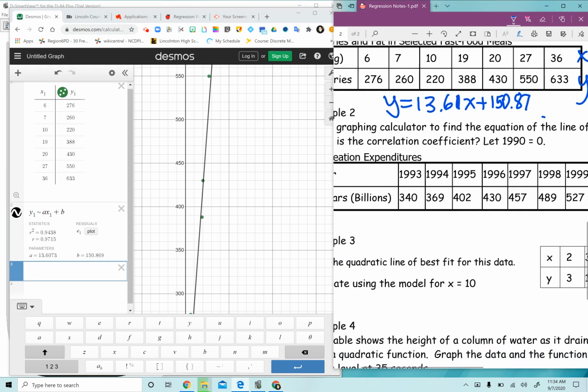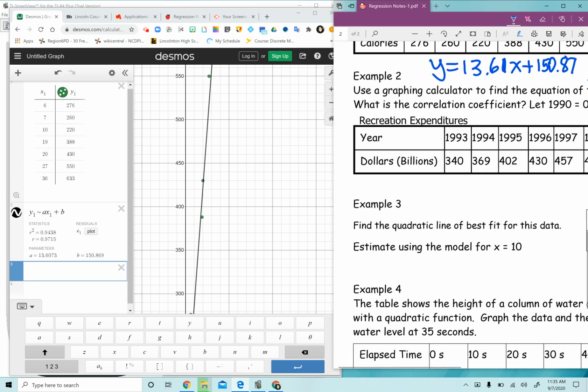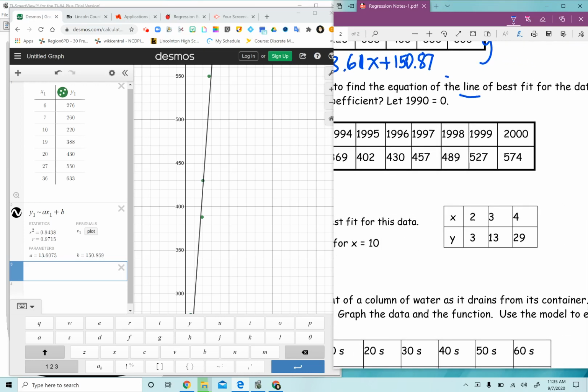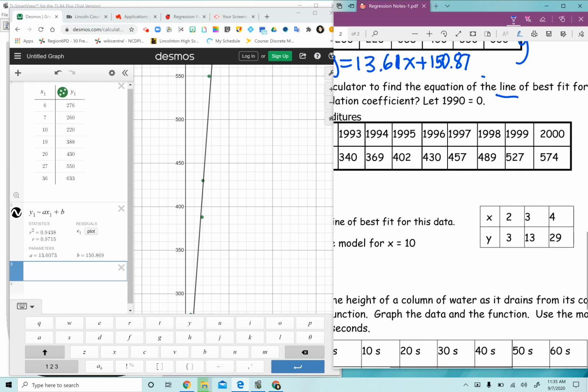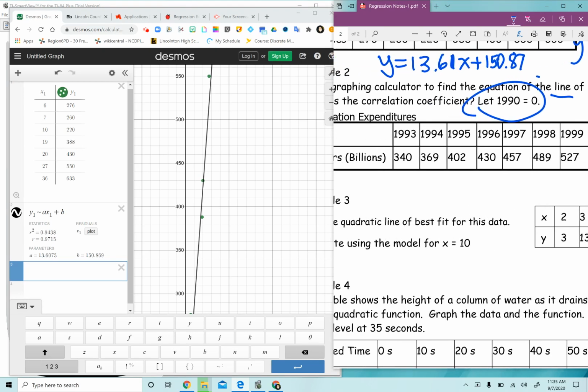So let's look at example number 2, because example number 2 does something a little different. It says in the problem, use a graphing calculator to find the equation of the line of best fit. So they tell you it's a line for the data at the right. And they say let 1990 be x equals 0. So if 1990 is 0, that means that 1993 is 3.